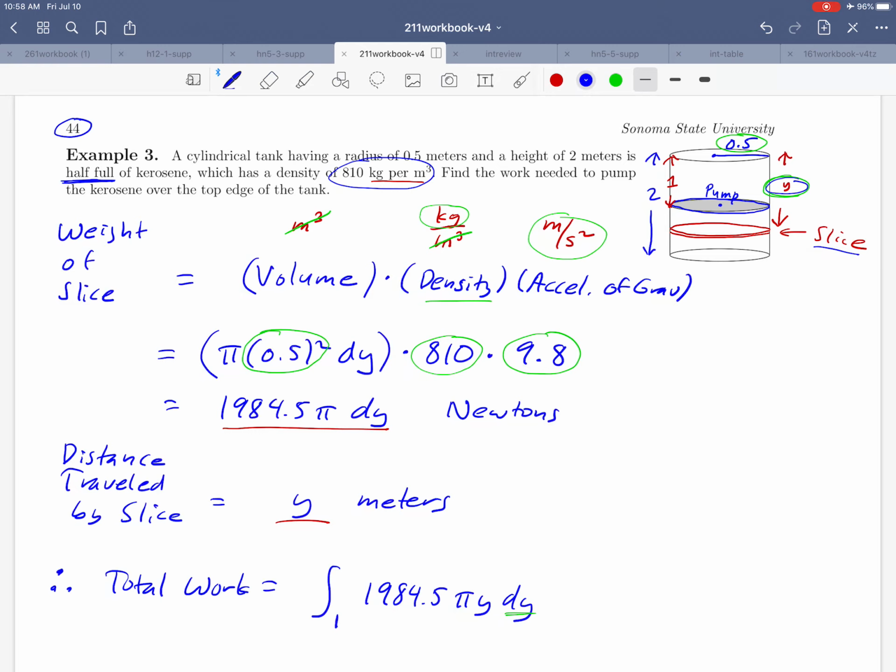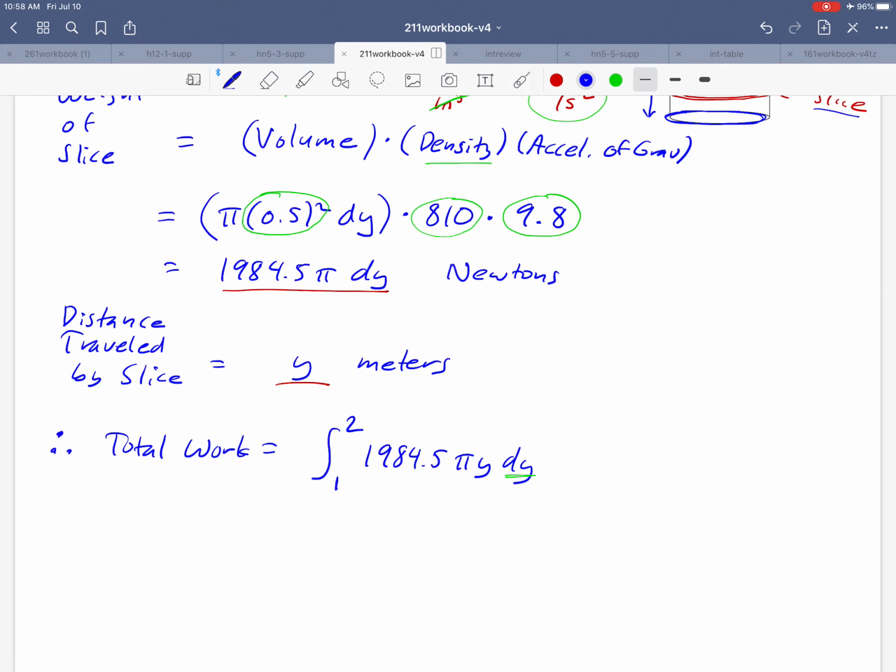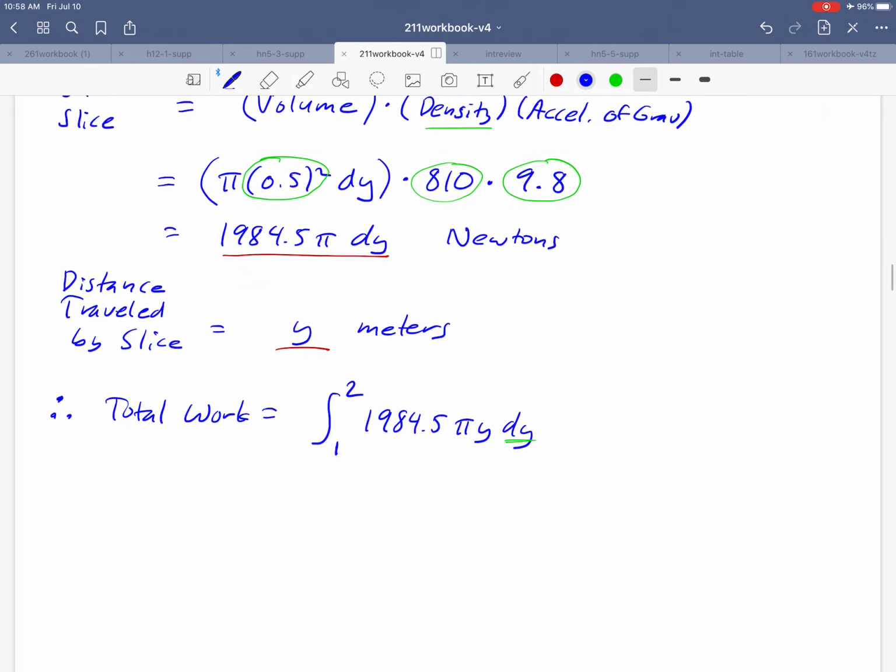And then finally, this pump kind of sinks its way down until we finally get to the very last slice at the bottom. How far does that slice have to move to get to the top of the tank? Well, it has to move the entire 2 meters, and that tells us what our upper limit of integration is. So 1 to 2 just represents the range of different distances that those slices of kerosene need to move.